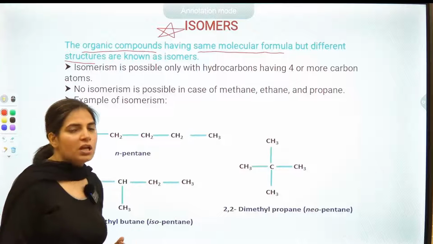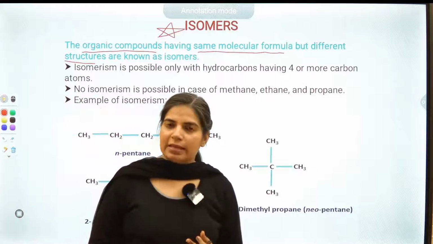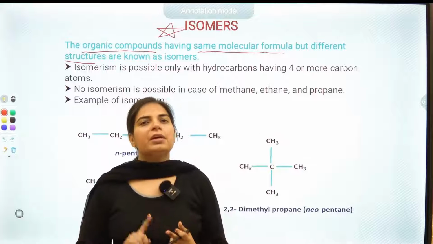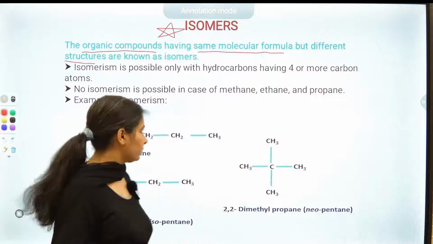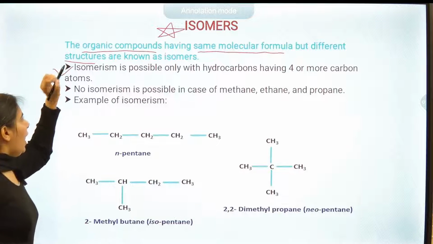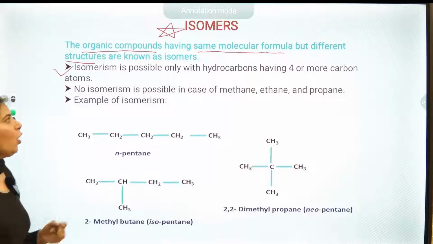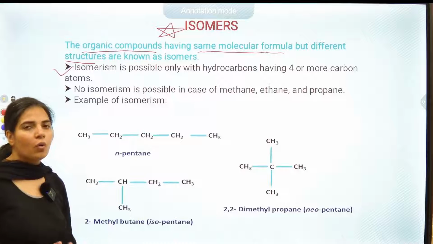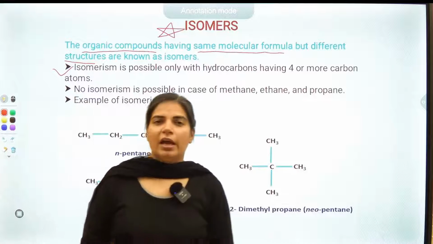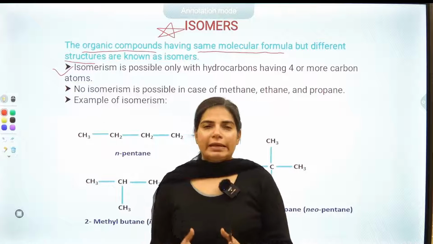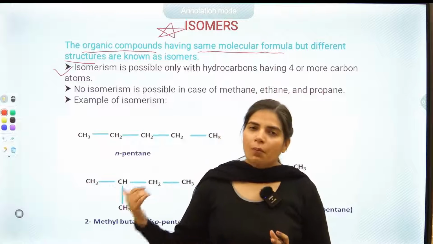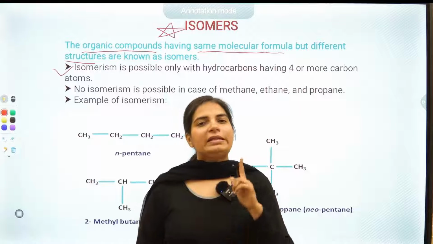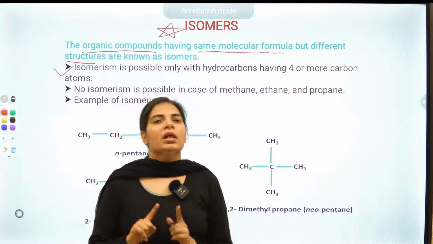In isomers, the molecular formula will be same but the structure will be different. Isomer is possible only with hydrocarbon having 4 or more carbon atoms. If our molecule contain 4 or more carbon atoms, only in that case isomerism will exist.